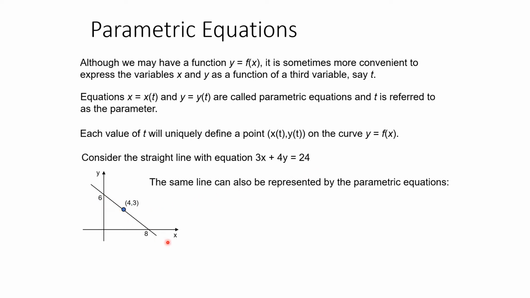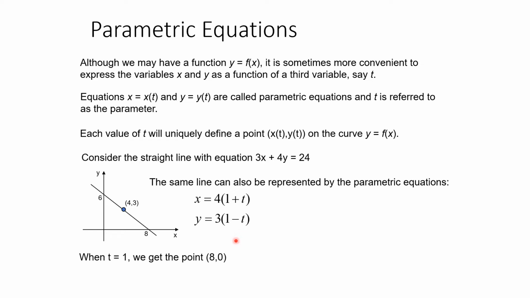If you consider the straight line equation as stated, then this is how the line is drawn. You represent it with a set of axes, x and y, and the same line can also be represented by parametric equations. Say you write x in terms of t and y in terms of t. This is what is meant by two different parametric equations.